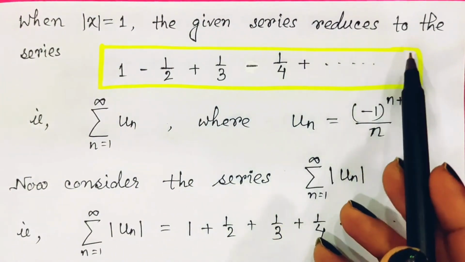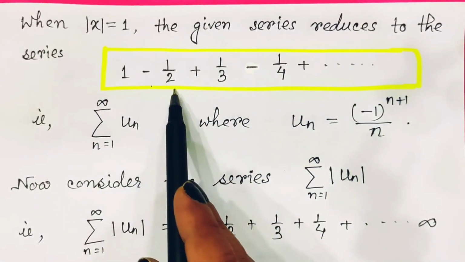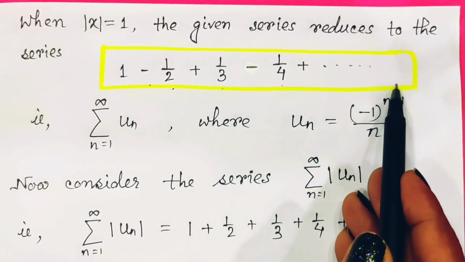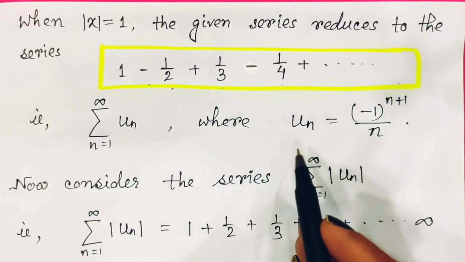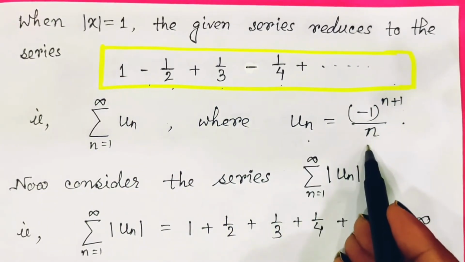When mod x equals 1, the given series reduces to 1 minus 1 by 2 plus 1 by 3 minus 1 by 4, and so on. For this series, the nth term is (-1) to the power n plus 1 by n.